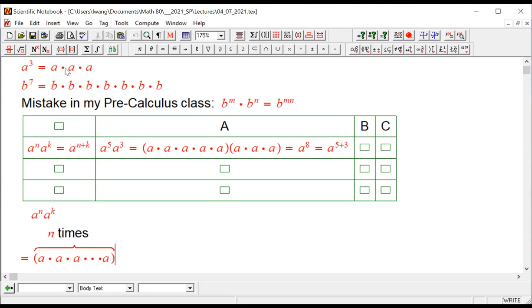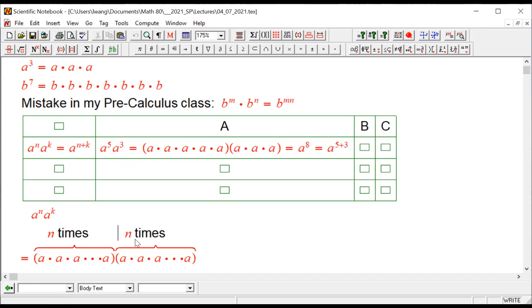And a to the power of k, how many times? K times, right?